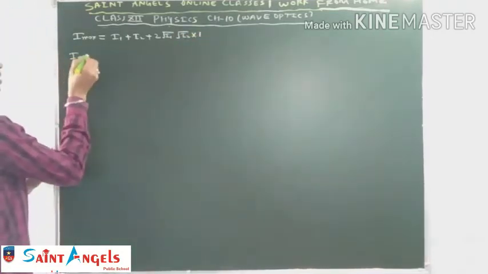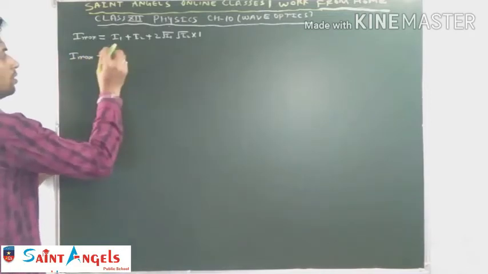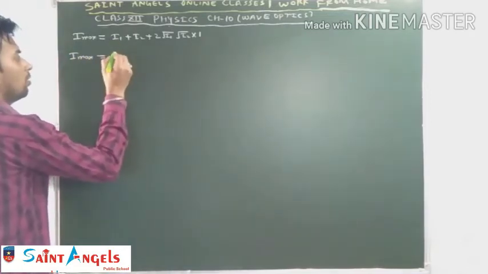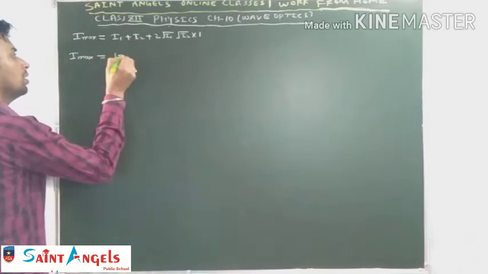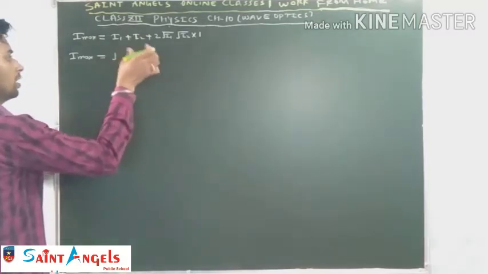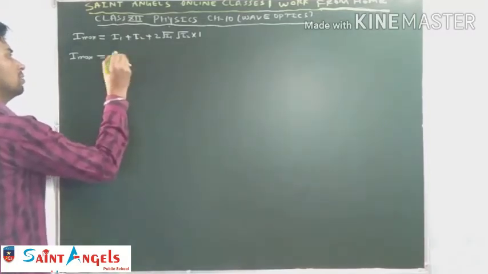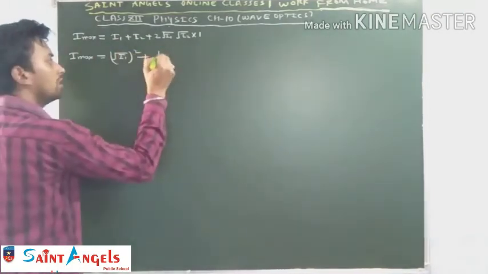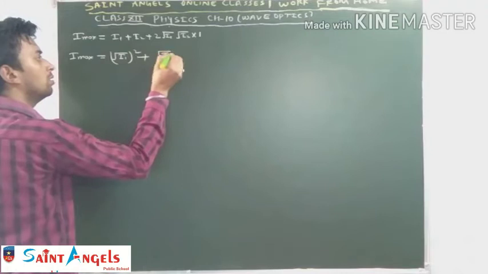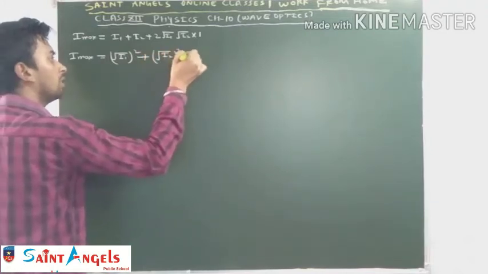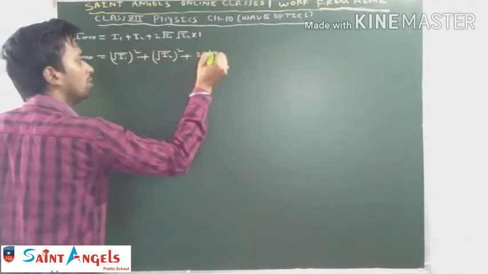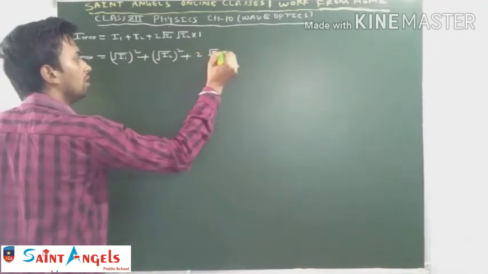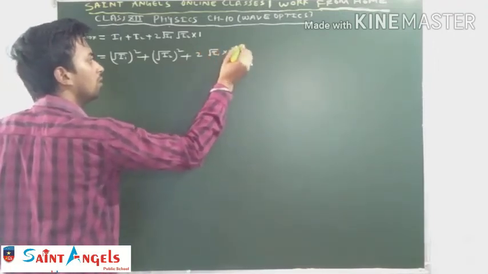By solving, I1 is also written as root I1 whole square, I2 is also written as root I2 whole square, plus 2 root I1 into root I2.